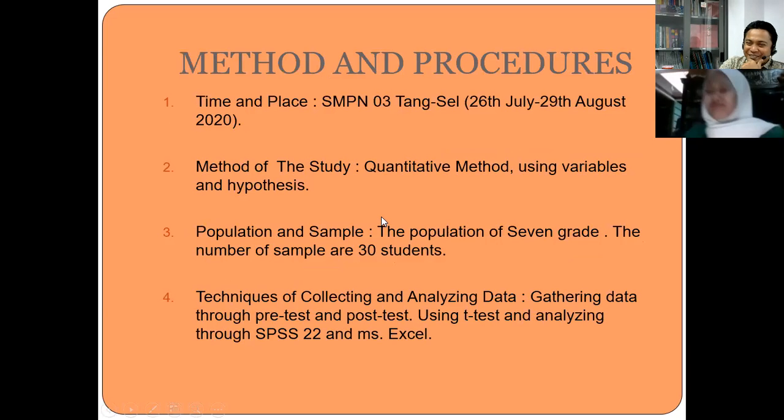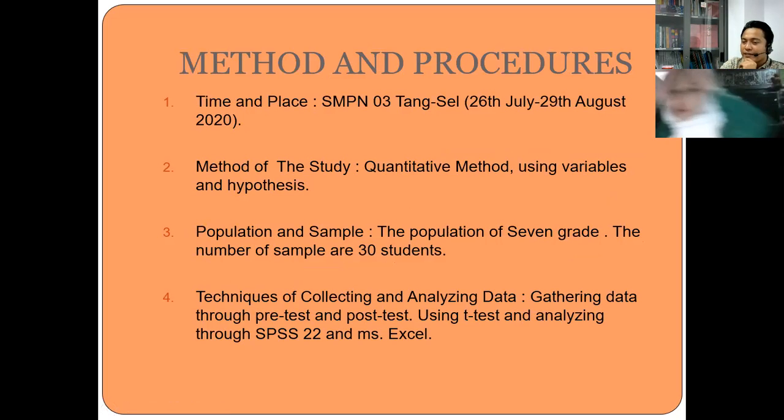Next, let's go to the method and procedure here. In method and procedure, you're using junior high school, and then the quantitative method using variable and hypothesis, population and sample. Last one, technique of gathering and analyzing the data. My question, you're mentioning here using variables.